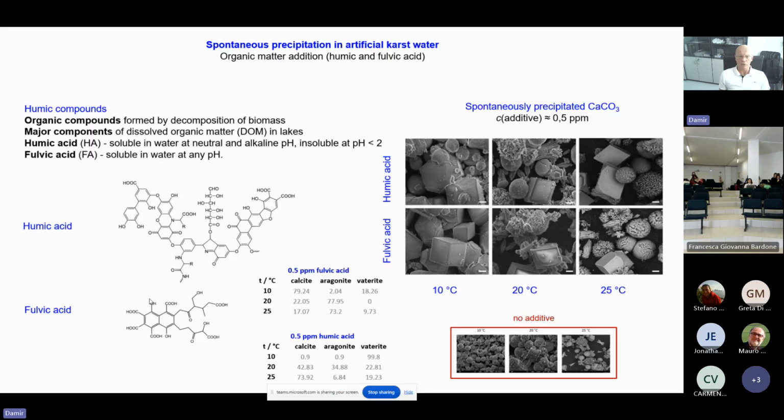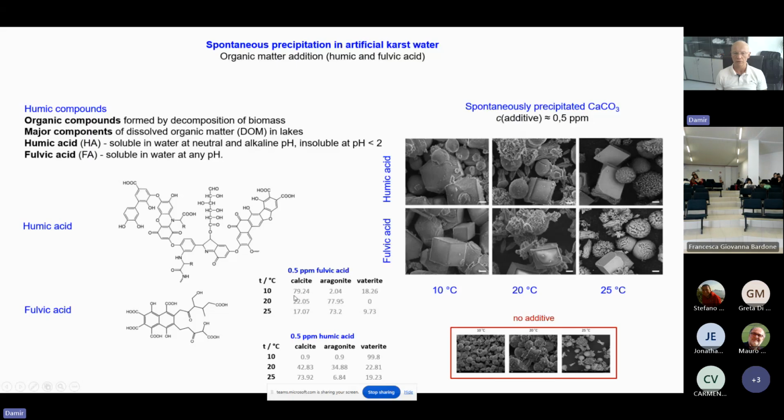So when we introduce fulvic acid or humic acid in our model system, then we definitely observe some changes. For comparison, this is a model system, and after addition of 0.5 millimoles, there are some changes that are observed.